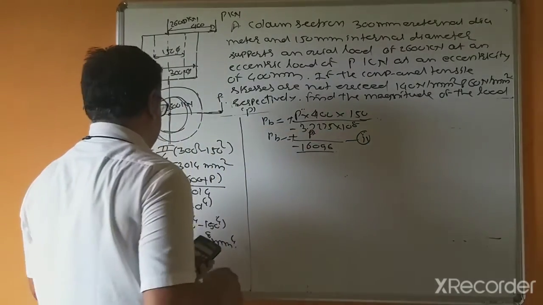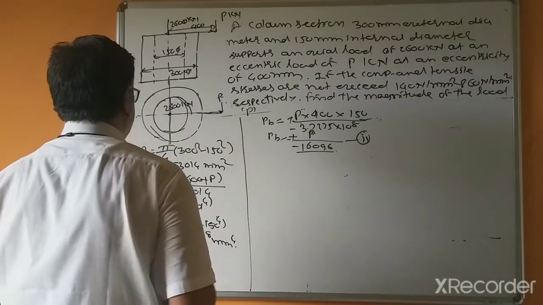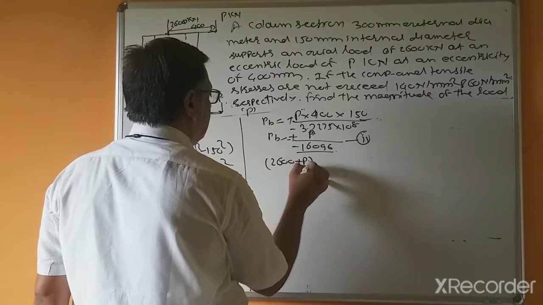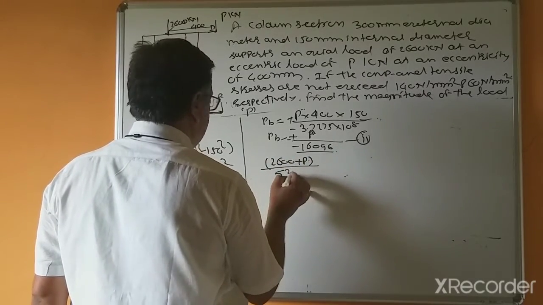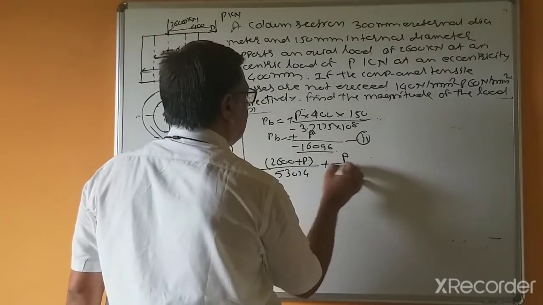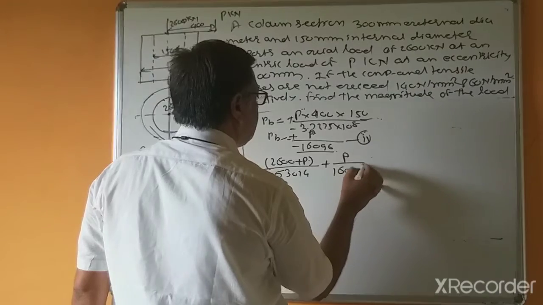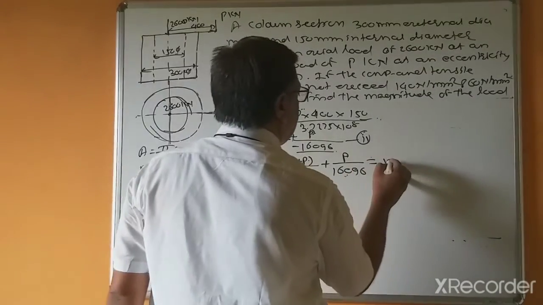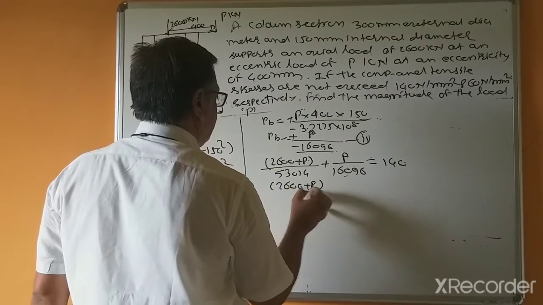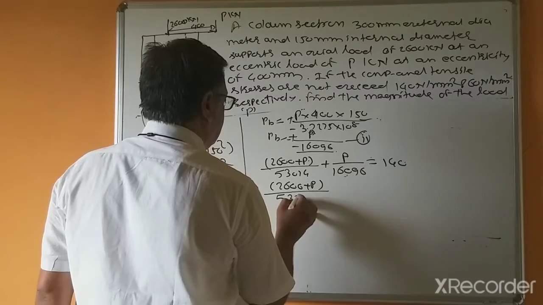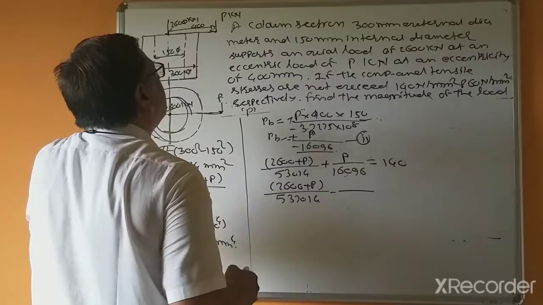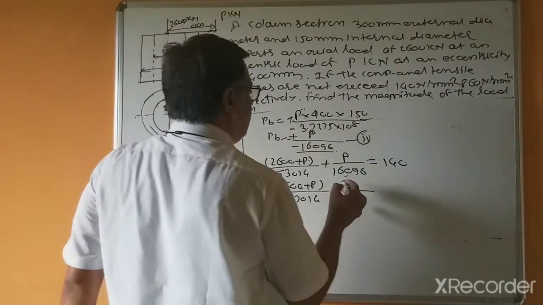This is plus minus. Now this is 2600 plus P divided by 53014 plus P divided by 16096 equal to 140, and minus 140 compressive, and this is tensile.